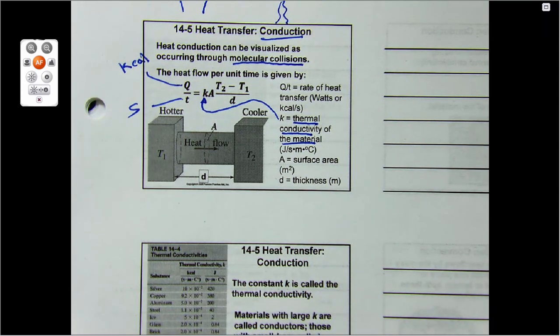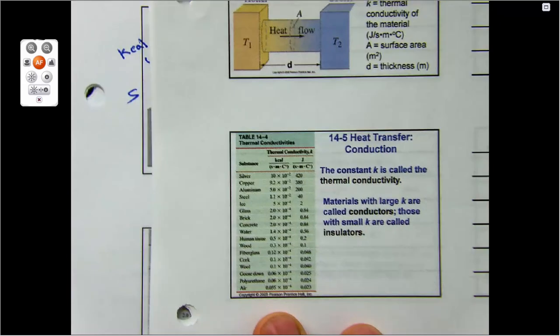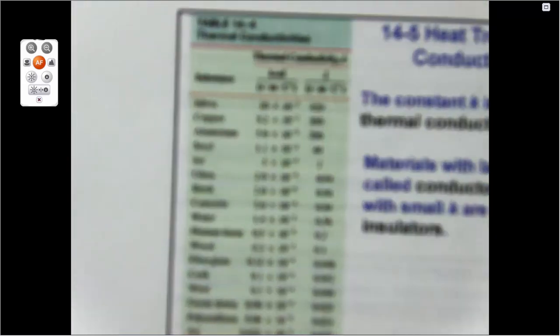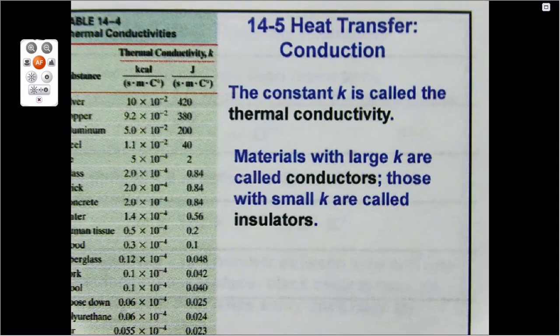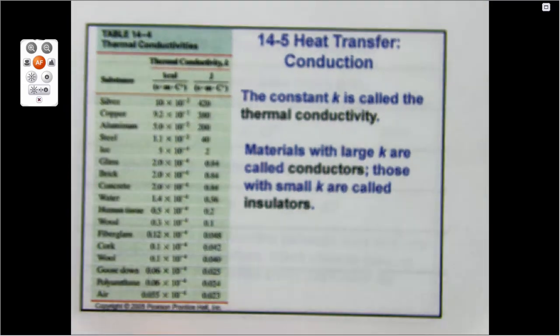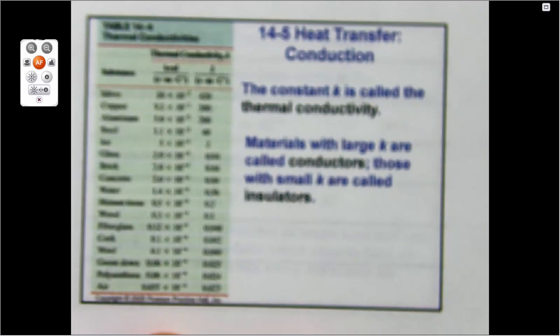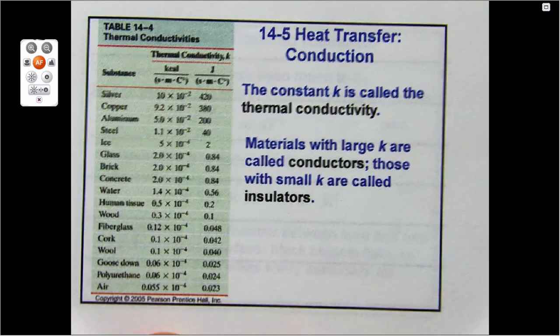So let me zoom in on this K chart. So what's going to conduct pretty fast looks like we get silver.